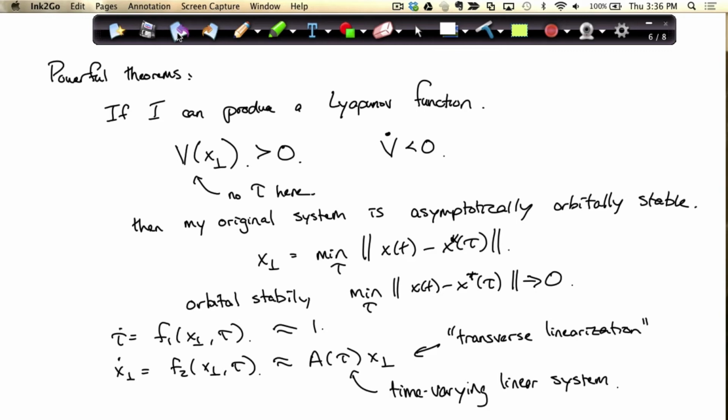Wow, good catch. I should not have written it quite like this. Tau is defined like this, right? It's the argmin over tau. I wrote that too quickly.